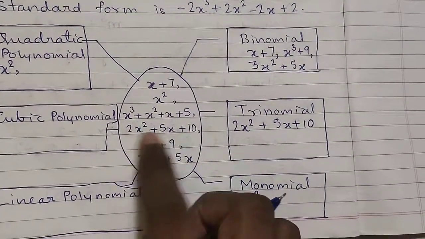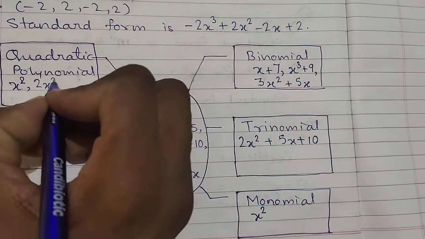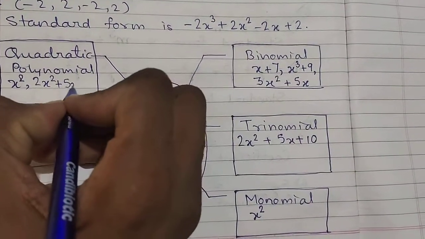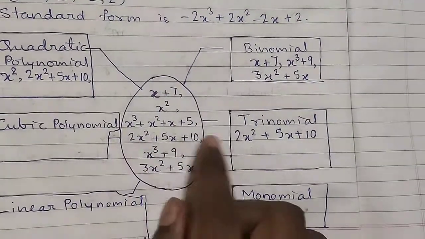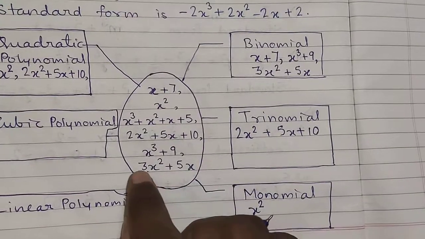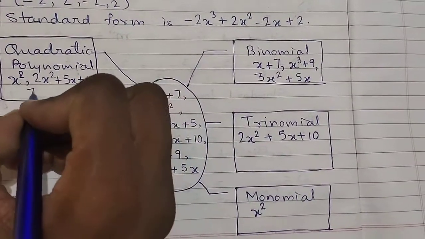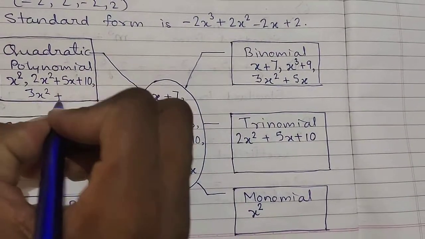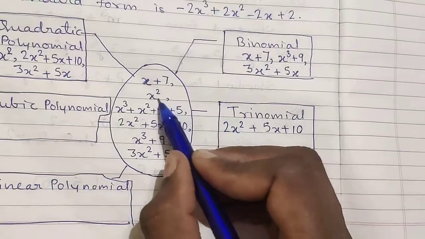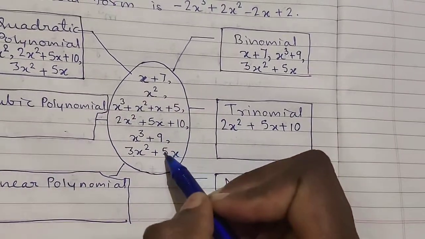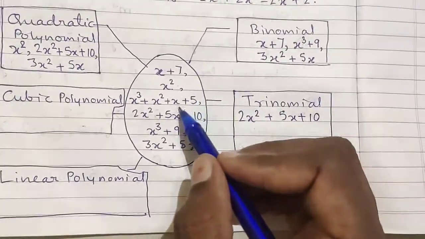So let us write 2x square plus 5x plus 10. Now this is also quadratic because power 2 is there. So 3x square plus 5x. So these 3 are quadratic because maximum power 2 is there.